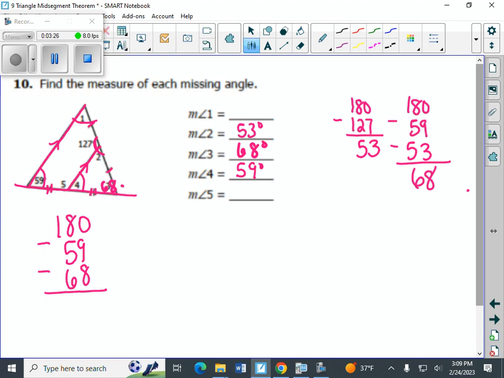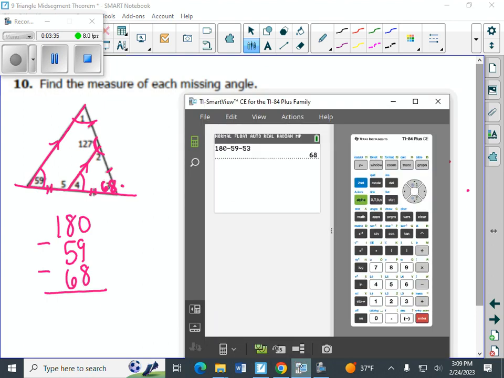And that's going to give us angle 1. Pulling the calculator back up, 180 minus 59 minus 68 gives us 53.